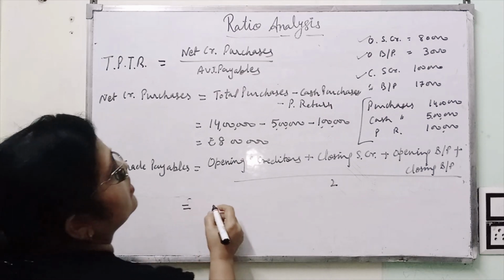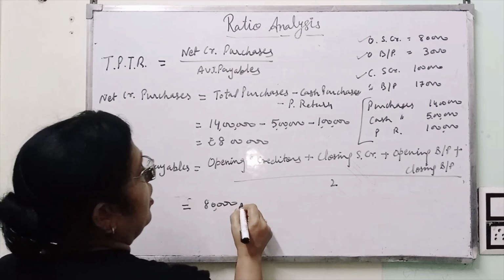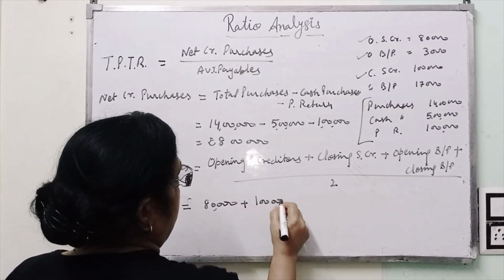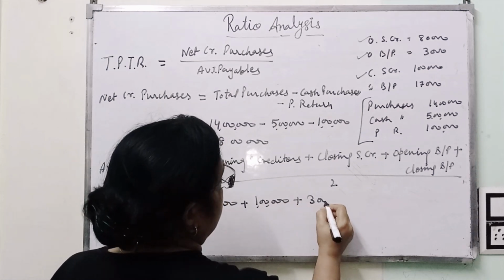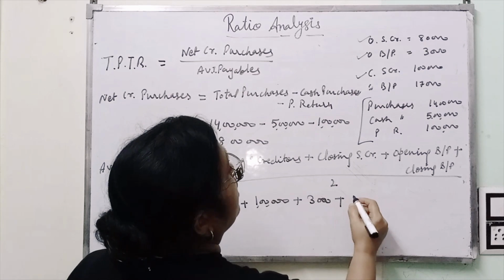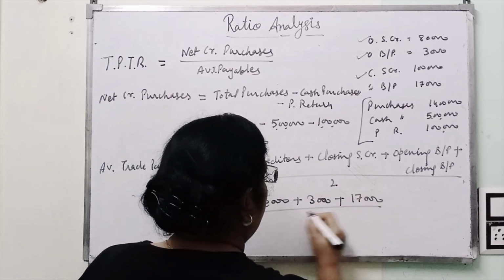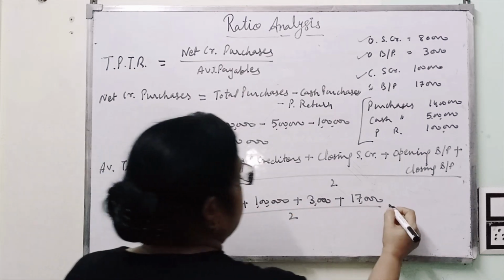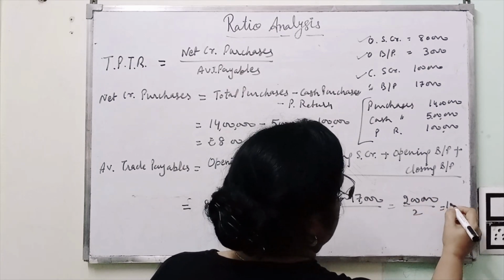Opening creditors are given 80,000. Closing creditors are given 1 lakh. Opening bills payable are given 3,000. And closing bills payable are 17,000, divided by 2. It comes to 2 lakh upon 2, means 1 lakh.